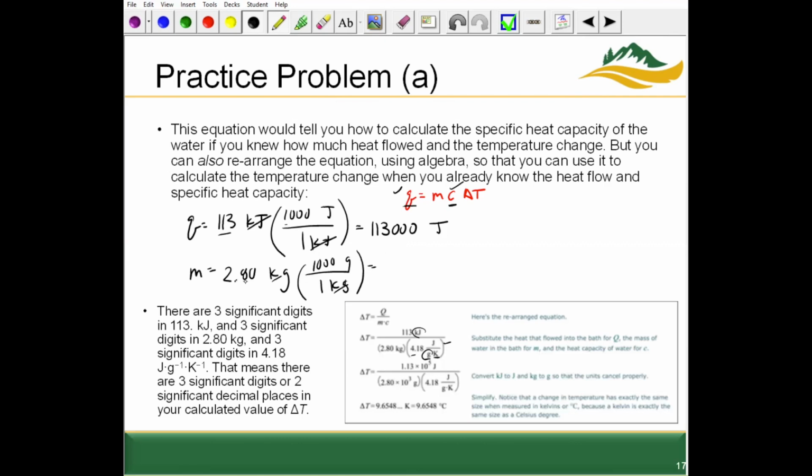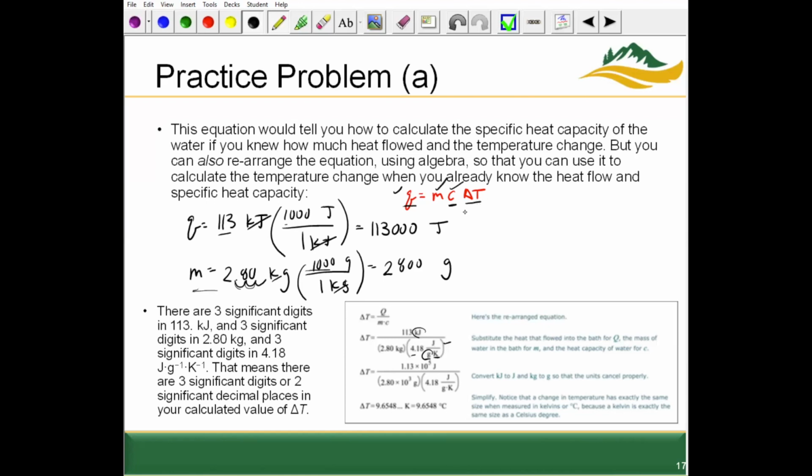Then we have this, moving this decimal point over 3 times, so 2,800 grams. When we multiply by 1,000 or divide by 1,000, we can move the decimal point over 3 times to the right if we're multiplying by 1,000, or 3 times to the left if we were dividing by 1,000. So that's going to be plugged in here for the mass.